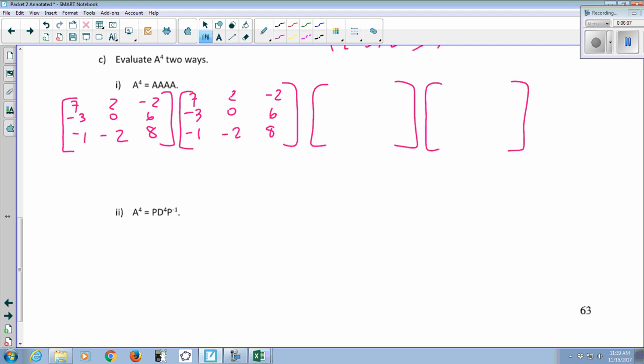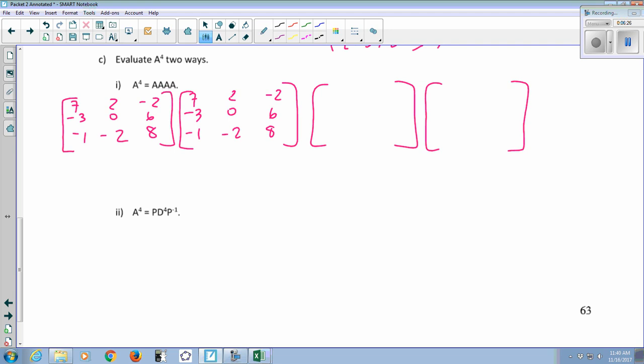To multiply a 3 by 3 times a 3 by 3, that's going to be 27 multiplications. That's a lot of calculations.